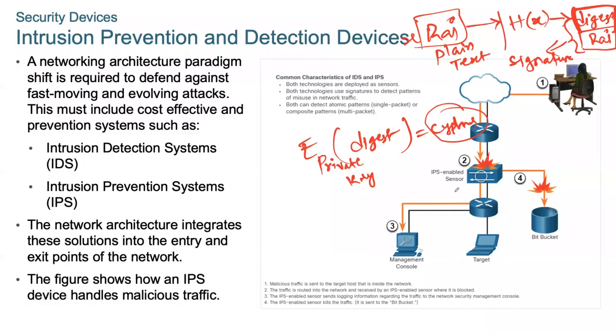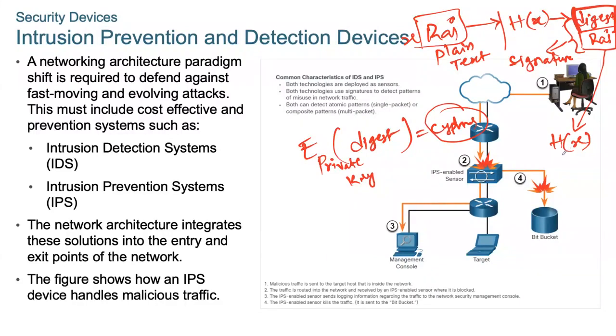When that packet is received by your end device, the same operation is done in a reverse process. Whatever signature is received, from that signature the digest is separated and the plain text is separated. Again, this plain text is given as an input to the same hash function which is used at the sender side.